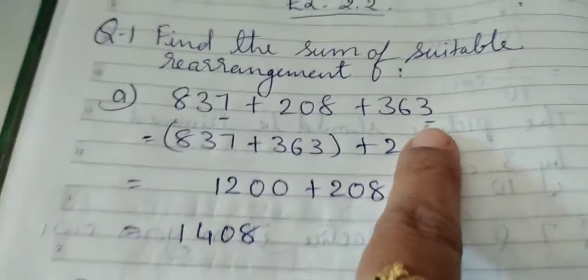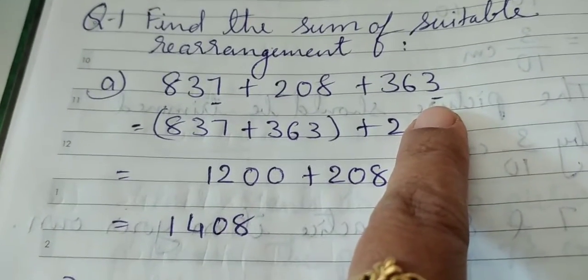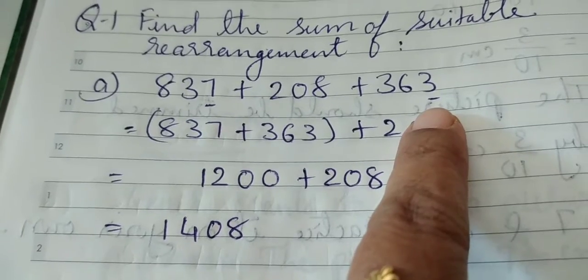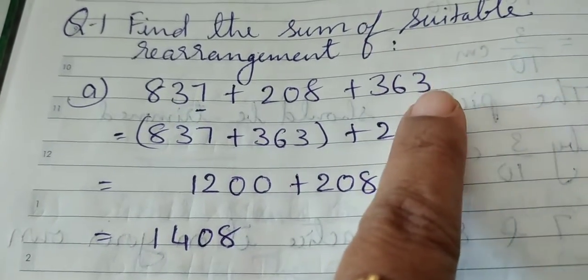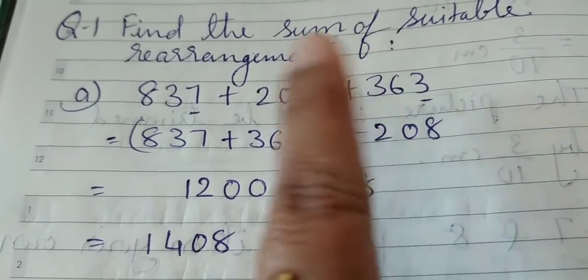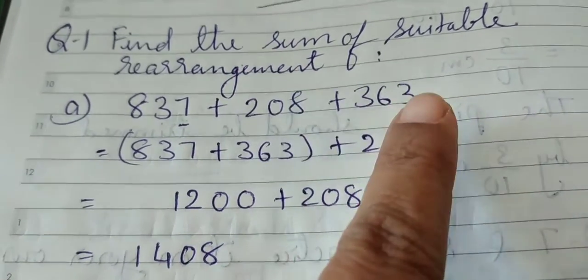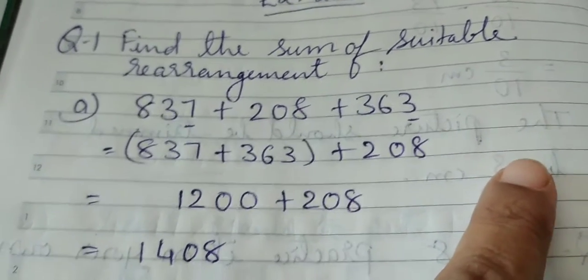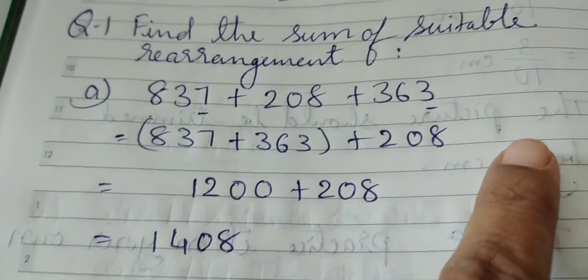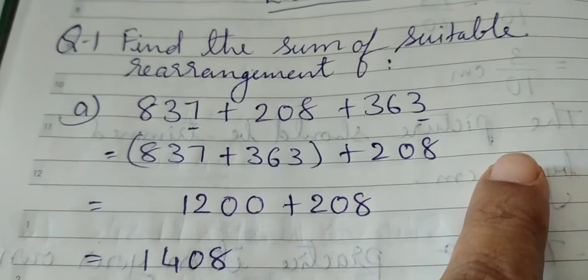Directly don't use the properties, that is associative property or other properties, but you have to check the numbers. You have to take those numbers together, where you need not go for long calculation. Just orally you can calculate the numbers.